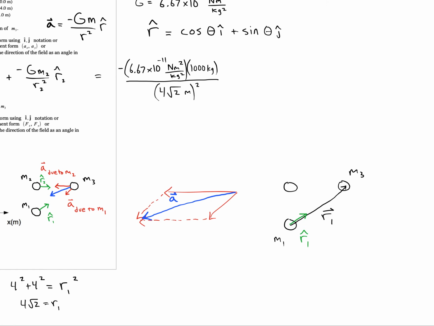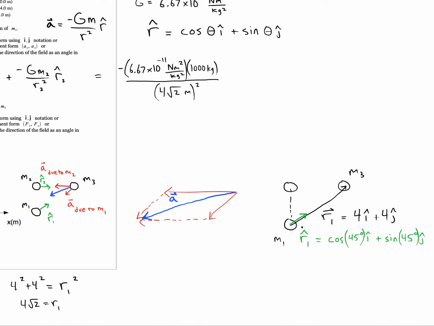Alright, so whereas R1 would be given by 4I plus 4J, R1 hat is simply cosine 45 degrees I plus sine 45 degrees J. You can see why it's 45 because the x component and the y component are both 4, so this is a 45 degree angle.